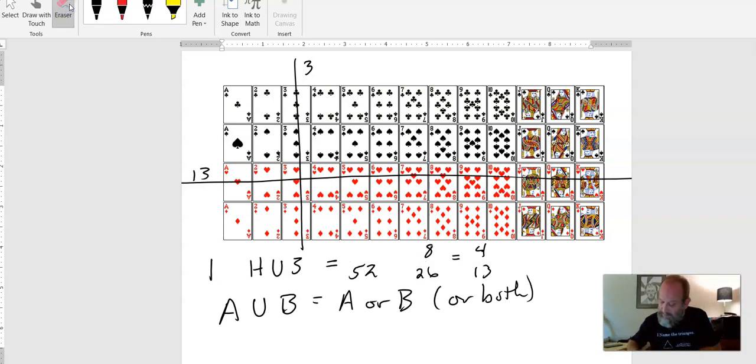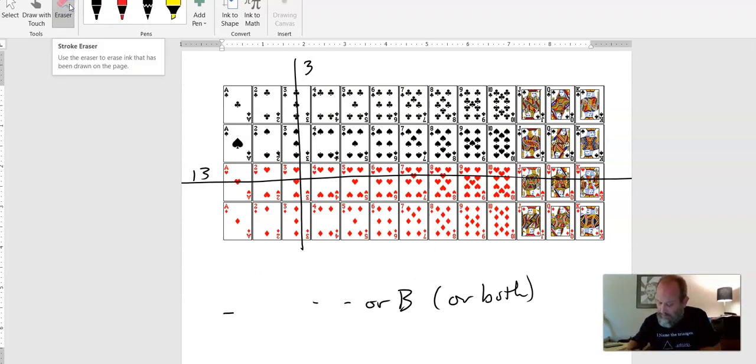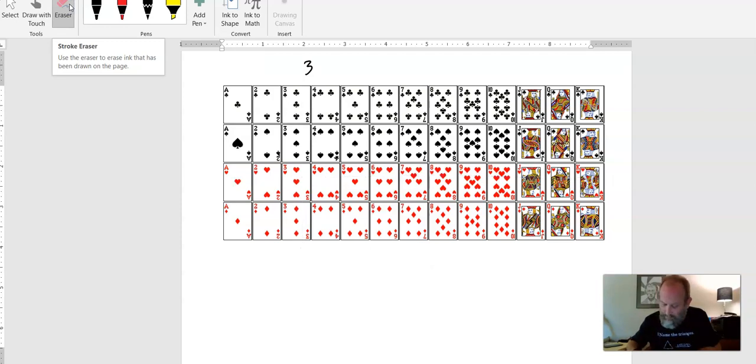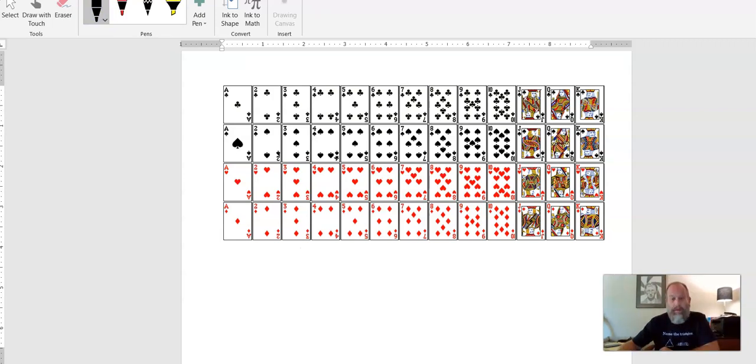Let's go ahead and erase this. There we go. All right. Now another thing we can look at is larger groupings. You can do this a lot of different ways. If you're looking at things like the probability that it's red, once you have the whole sample space out in front of you, like you do with a deck of cards, you can almost look at it and see.